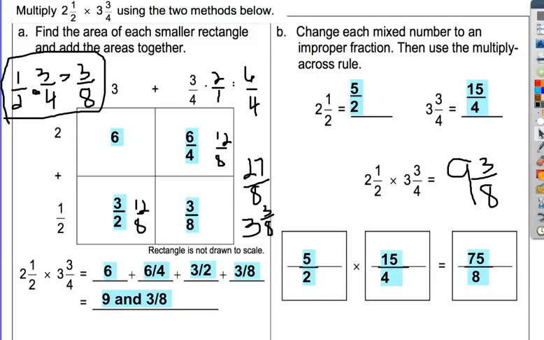Then after your discussion, I want you to write down your thoughts in your math notebook. Which one do you like better and why? You're going to discuss for 3 minutes. At the end of 3 minutes, you're going to write your statement. You'll have about 1 minute for that, and then we're going to continue. So stop, discuss, and at the end of 3 minutes, write your feelings on which method you like better.